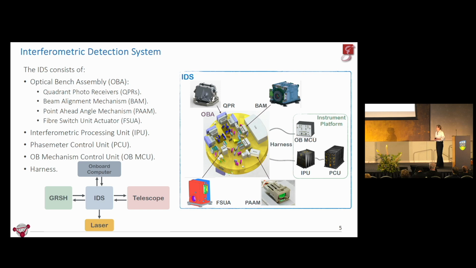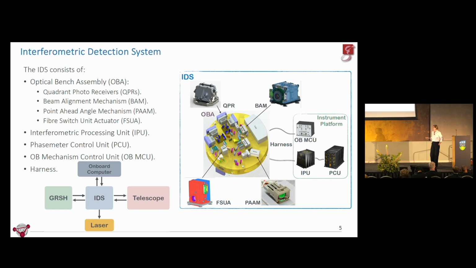So to fulfill all of those functions, IDS consists of the following units. We have the optical bench. Yuan was talking about this yesterday. The optical bench assembly hosts the following units: quadrant photoreceivers, beam alignment mechanism, point-ahead angle mechanism, and fiber switch unit actuator.